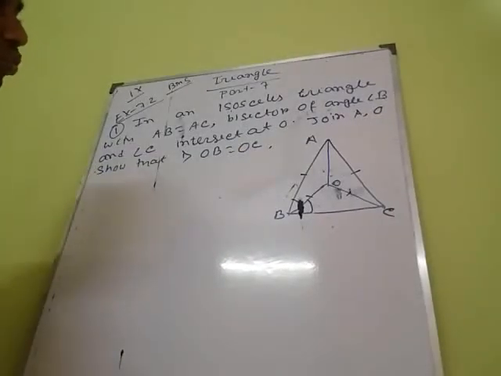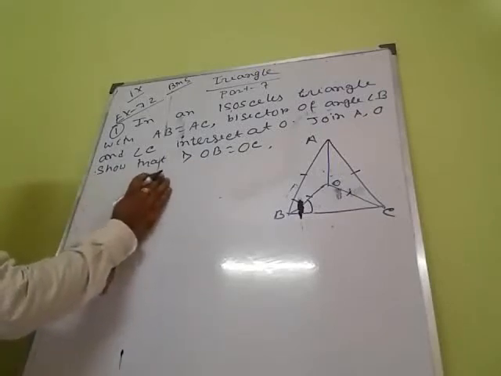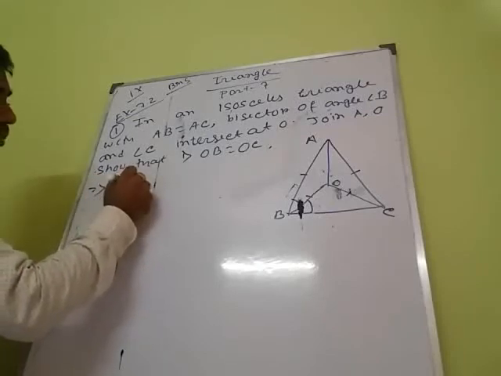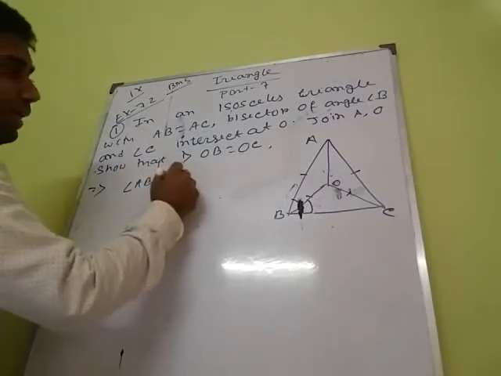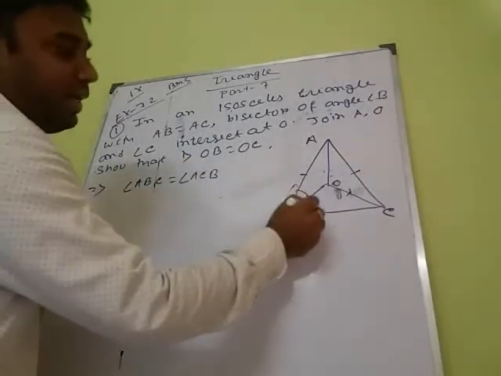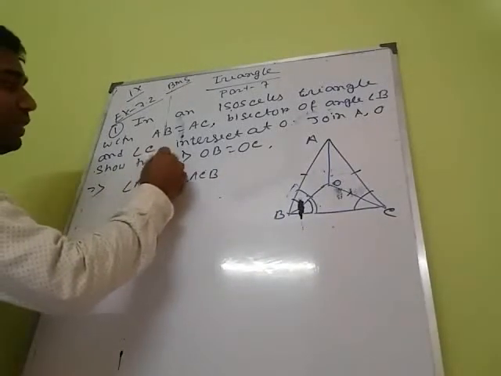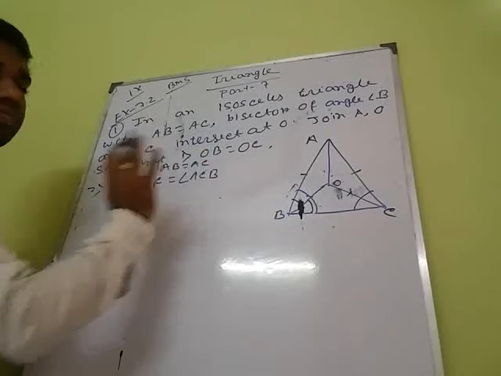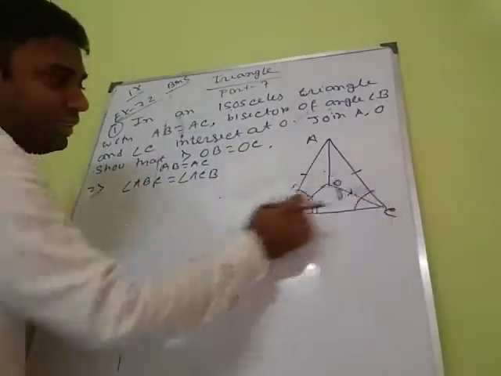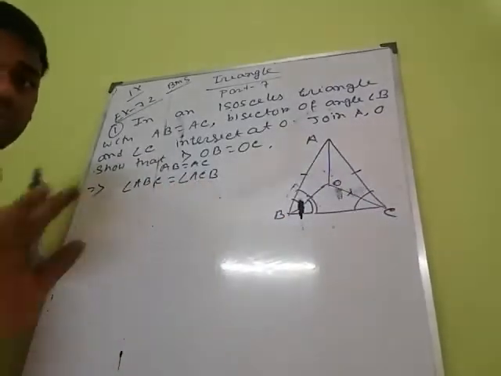Now students, one thing is clear: angle ABC equal to angle ACB, these two angles are equal. Why? Because AB equal to AC is given. Then the opposite angle of AC, that is B, and the opposite angle of AB, that is C, so ABC and ACB should be equal.